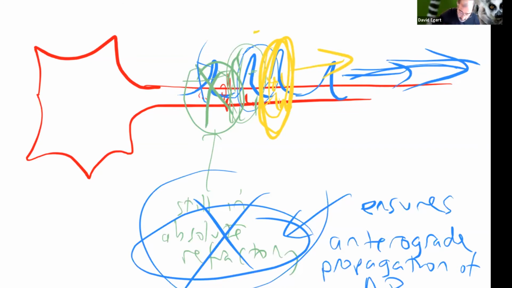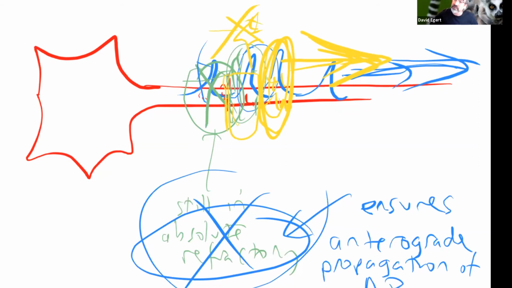But this way is blocked. It can't go backwards because this part of the membrane is still in its refractory period and is not excitable. So it can excite further this way, but it's blocked from heading back and returning to whence it came.